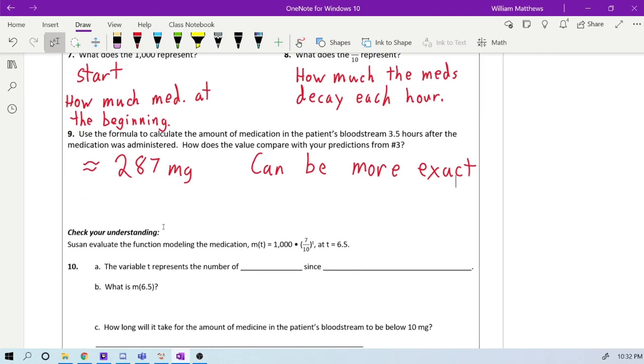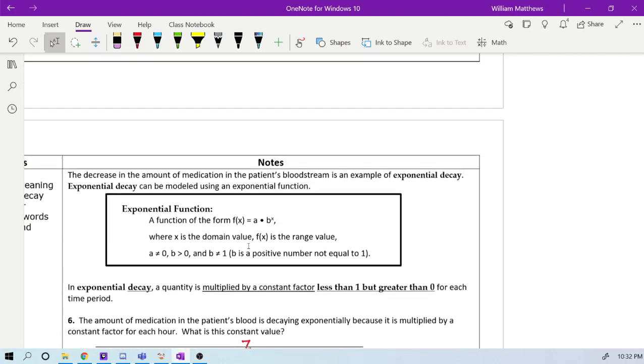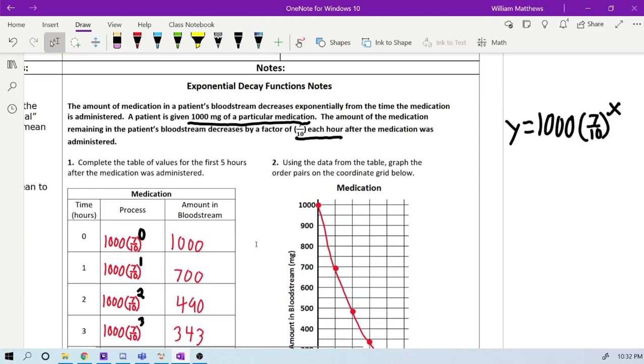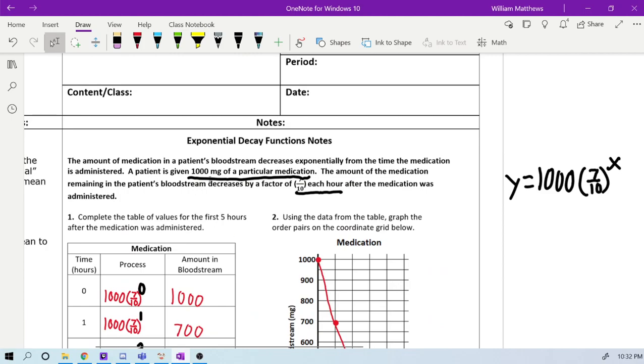Now the last one down here for check for understanding, I'll let my class do this on their own for a little bit extra practice that they can ask me on, and then they can start on the work. But you need to remember, for this setup, you still have a starting value. In this case, it was the 1,000. With decay, you have the same situation where you have a factor that's being multiplied.